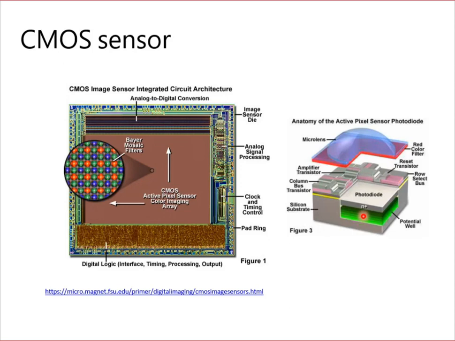The famous CMOS image sensor manufacturers are Sony, OmniVision, and Micron. So if there are several cameras on your cell phone, those image sensors are mostly made by these three manufacturers.